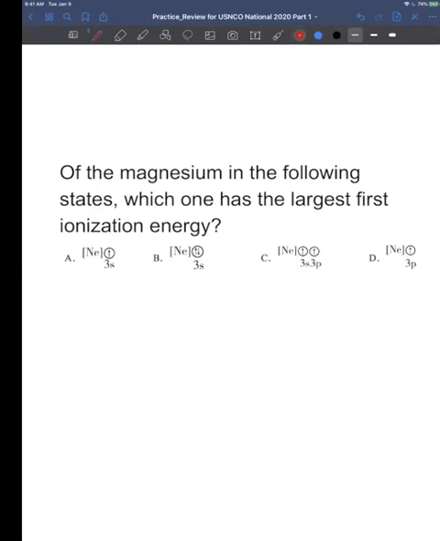Okay. How do you think? The correct answer is A. Why is A? First, all of them are magnesium, right? So which means A and D are Mg+. So for A and D, it's like the second ionization energy of magnesium.